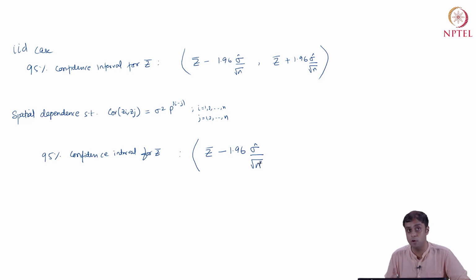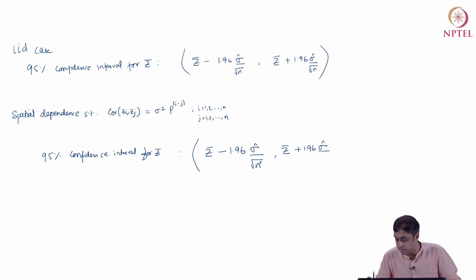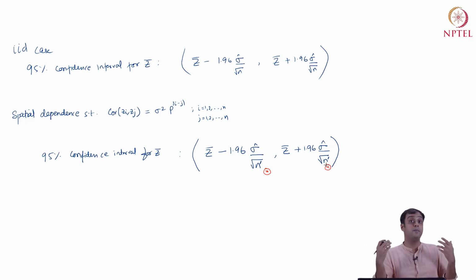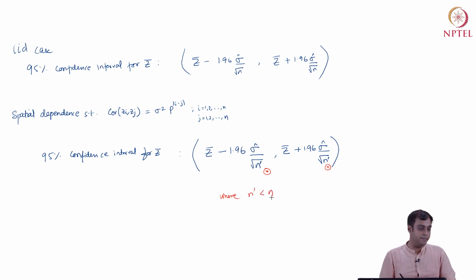This n prime is lower, so I have a smaller lower bound than in the IID case, and a higher upper bound than the IID case. I'm trying to draw your attention to the point that you have an n prime in the denominator, which is different from n, and n prime is strictly less than n.